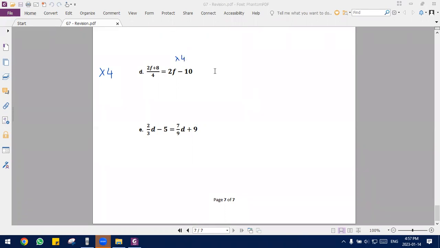So on the left hand side, I will have 2f plus 8 without a denominator. Now it's cancelled. Equal to, now 2f, I need to multiply it by 4. 2 times 4 is 8f. And then 10 times 4 is 40. Now let me put f on one side. You might take 2f there, or you might bring 8f here. I will bring 8f here.